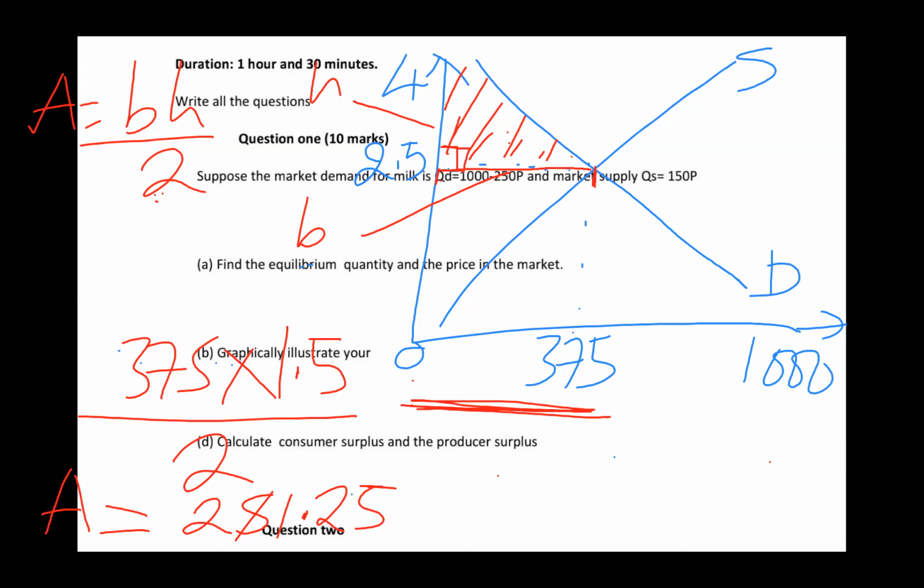So you can just say unit squared. You know that all areas are always squared. This is an area, so you get that as your consumer surplus.